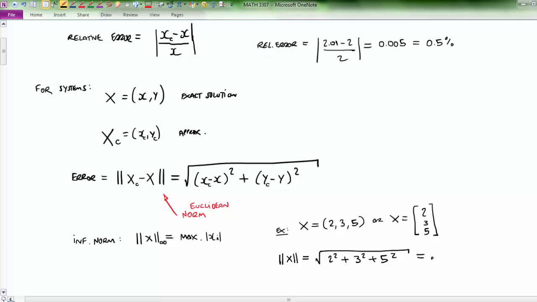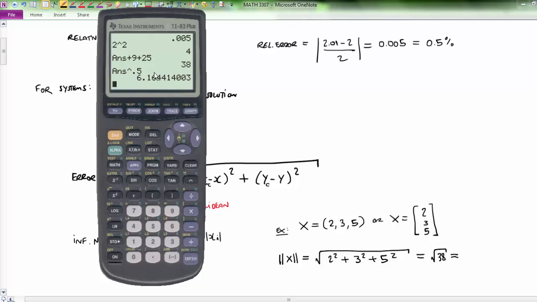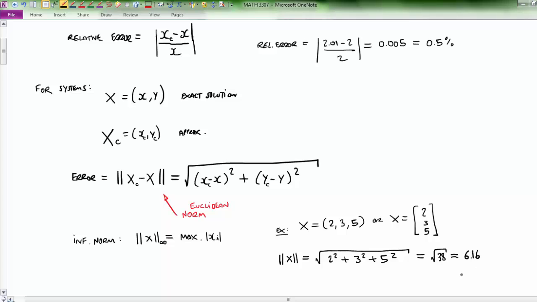And that's square root of 38. And that's about, let's see here, I have that in the calculator, yeah, about 6.16 maybe. And if we use the infinite norm, then this would be the maximum of these three values, which is 5.